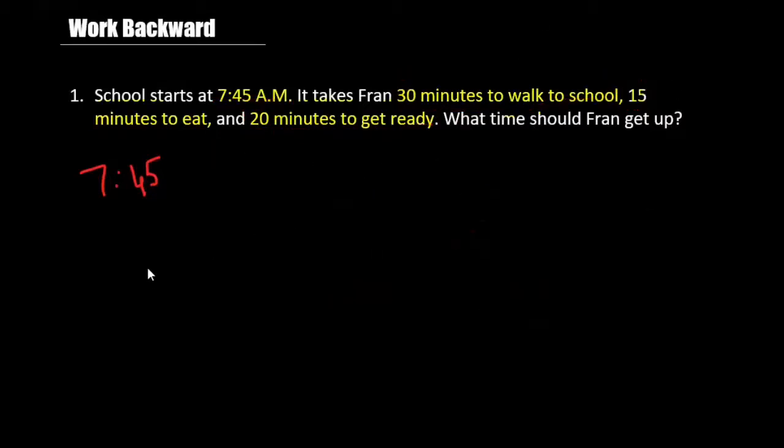Now that we know that our answer is 65 minutes, or an hour and 5 minutes, we're just going to subtract 65 from 7:45 because that's the time school starts. So we have 7:45.